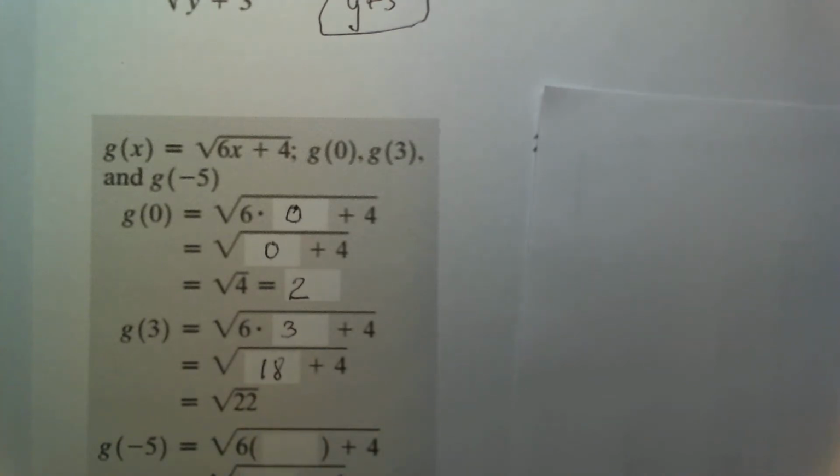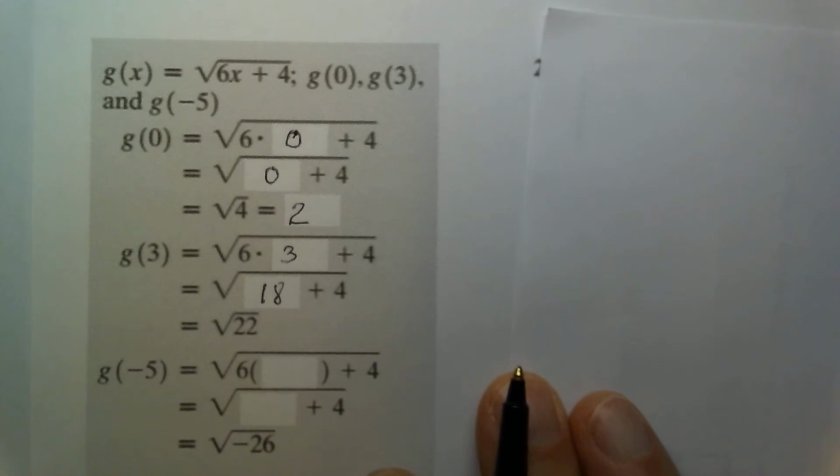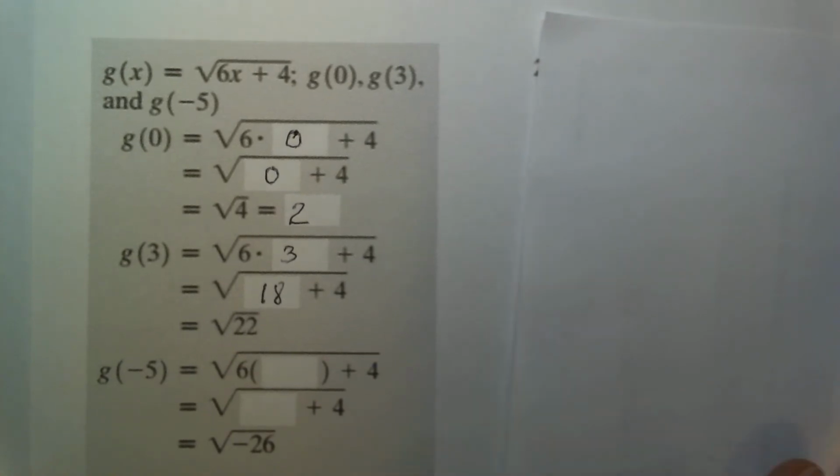For g of negative 5, we replace x with the number minus 5. And so we get 6 times minus 5, and that's equal to minus 30. And minus 30 plus 4 is minus 26.